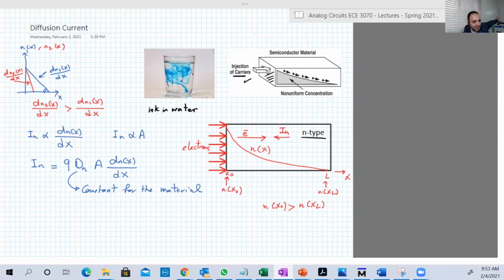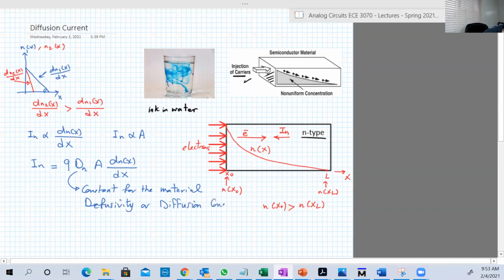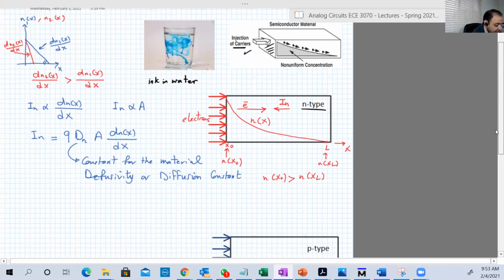And this basically corresponds to mu n in the drift current. So we have mu n in the drift current. It was also a constant for the proportionality between v, the drift velocity, and E. Here we have Dn, and they call it diffusivity, or diffusion constant. Okay, diffusion constant. And again, for silicon, we have Dn.